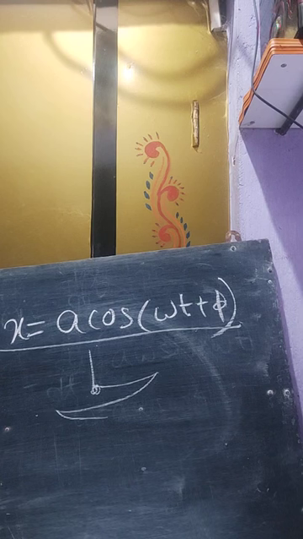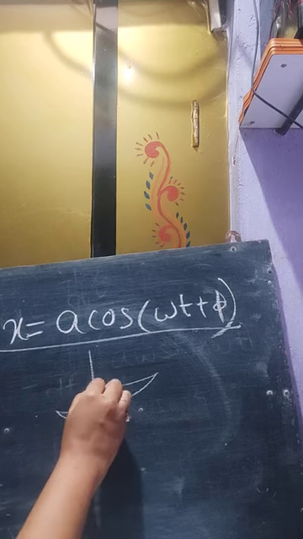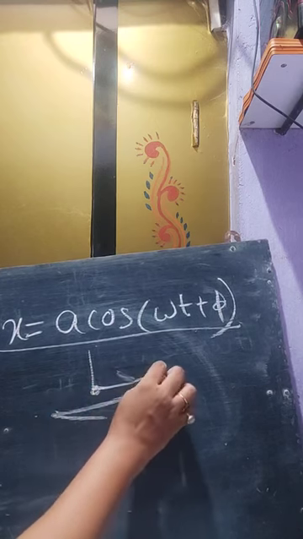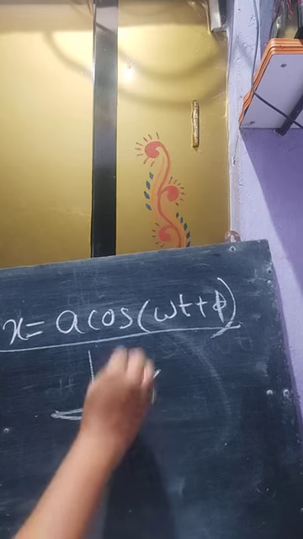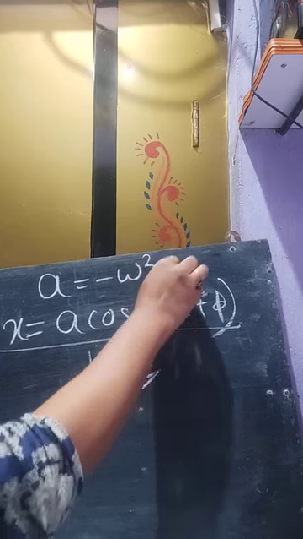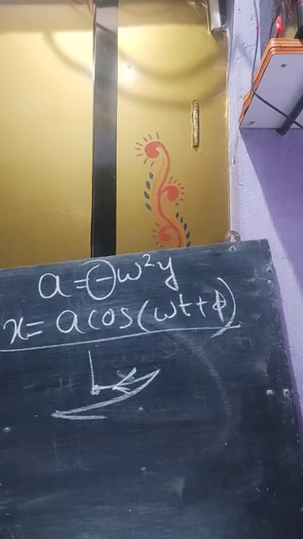The restoring force or the acceleration acting on the particle is always proportional to the displacement of the particle from the equilibrium position, and this acceleration is always directed towards the equilibrium position. So what does that mean? Acceleration always tends towards this position. That's why we are getting that minus sign.